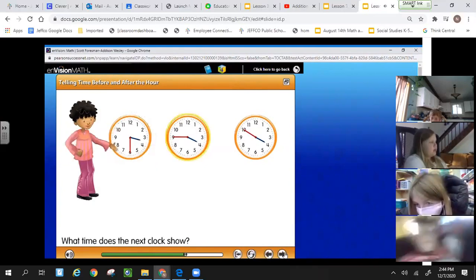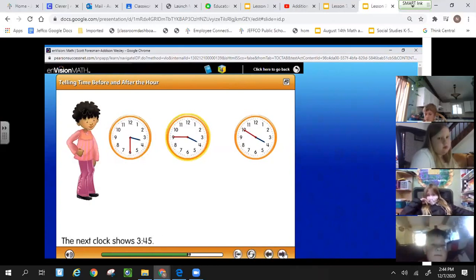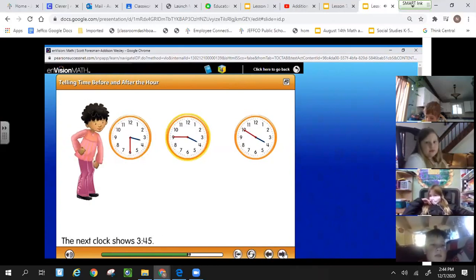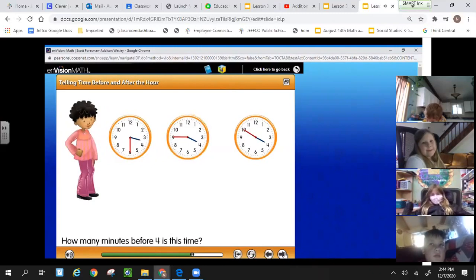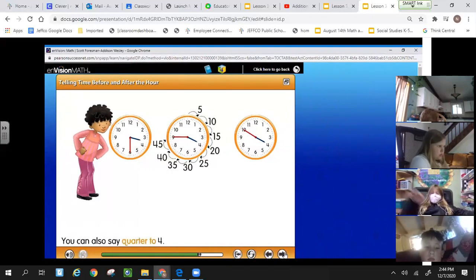What time does the next clock show? The next clock shows 3:45. How many minutes before 4 is this time? It is 15 minutes before 4. You can also say 3:45.